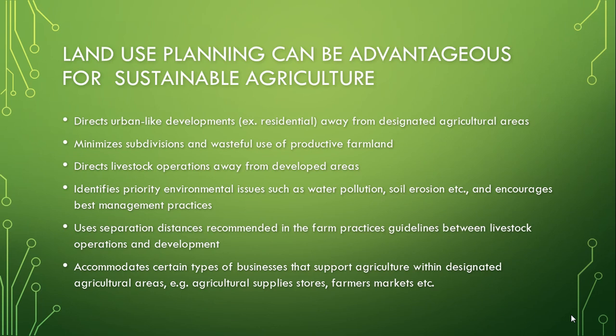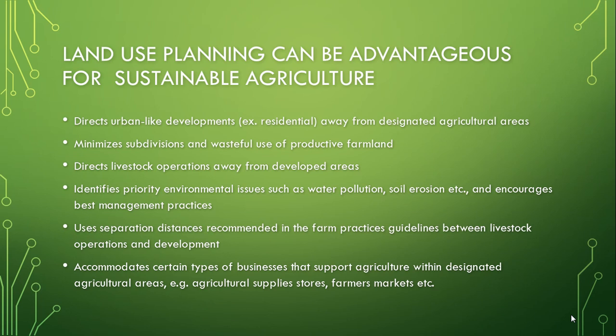Land use planning can identify priority environmental issues that need to be addressed, such as water pollution and soil erosion in areas, and as a result you can apply better management practices, better agricultural practices, to minimize these environmental issues.